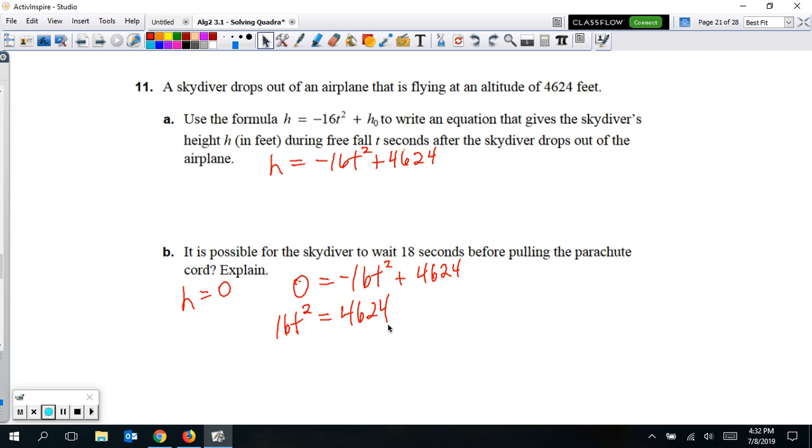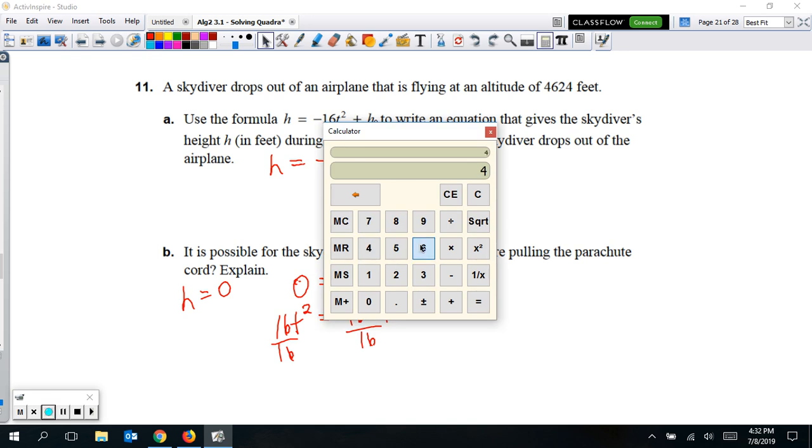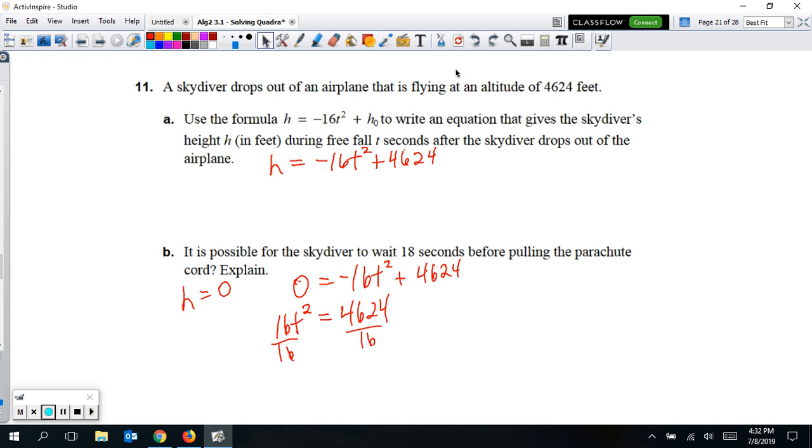So now I can divide by 16, and 4624 divided by 16, we can do that on a calculator here. That's 289. So t squared is going to equal 289, and then take the square root of both sides. That's what we want to do next.